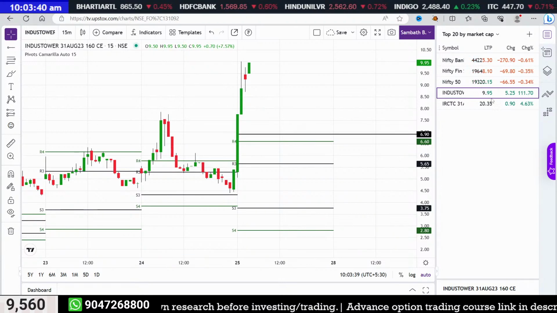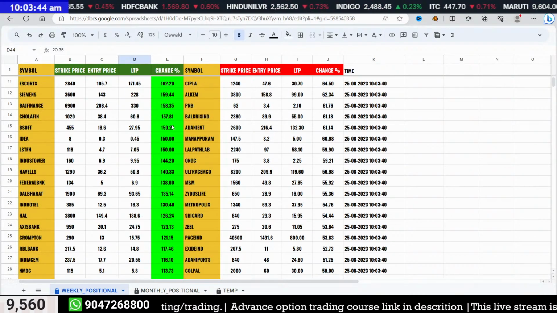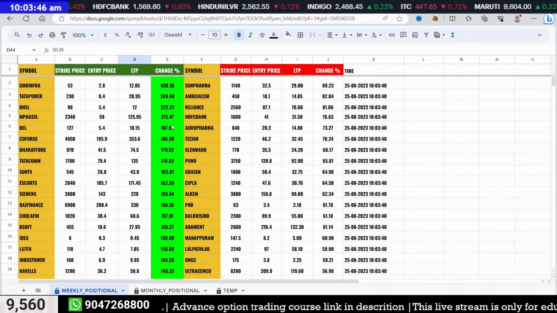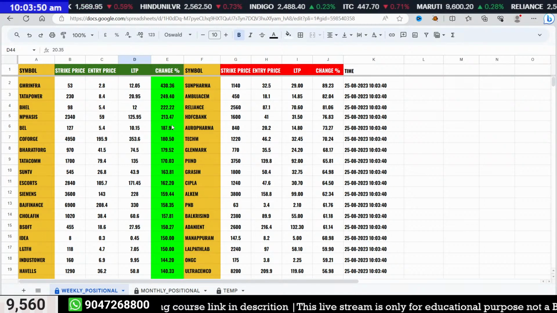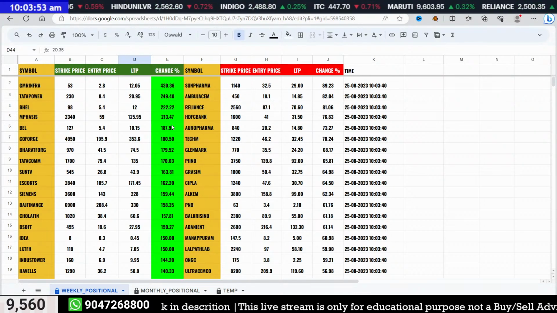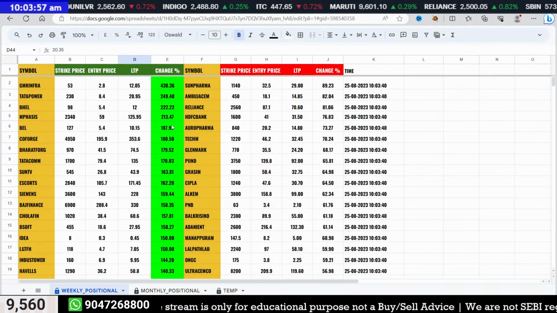Yeah, 9.9. Okay, IRCTC. Chola Finance from 67, now it is 60. But that was a good move for this week. We found it in real time.